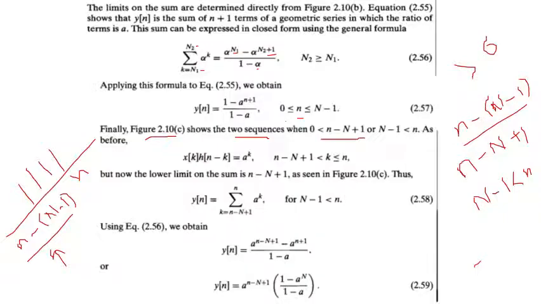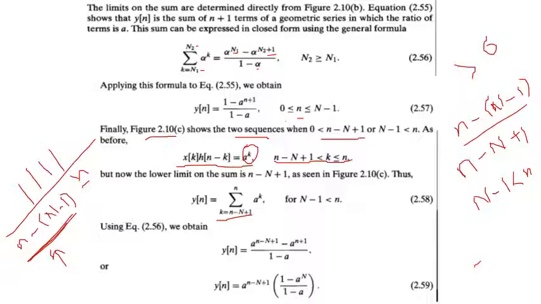In that case, if we multiply these two signals, we will have a raised to the power k, the same thing, but the limits change here. Now k should be less than n, and k should be greater than this thing. So the limit will become k equal to n minus 1, starting from this point. From this point the convolution will start and go towards n. So this is full overlapping, and n can be any number.